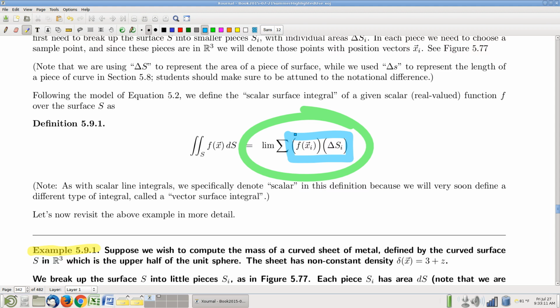On each piece, the amount of mass is density times area. This density being interpreted as mass per unit area. So mass per unit area times area gives you mass. Add up all the little pieces of mass to get the total mass. Well, our estimate of the total mass.